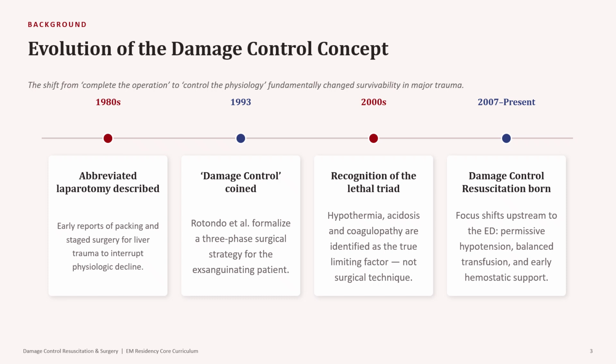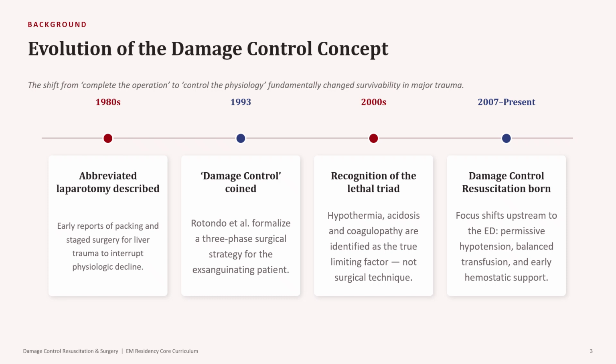During the 1980s, abbreviated laparotomy was described, with early reports of packing and staged surgery for liver trauma to interrupt physiologic decline. Later, the term damage control was coined by Rotondo et al. to formalize a three-phase surgical strategy for the exsanguinating patient.